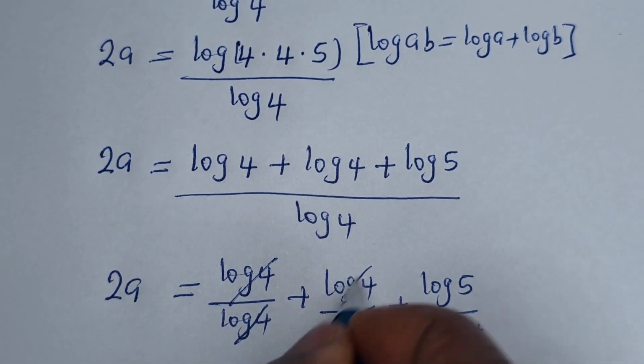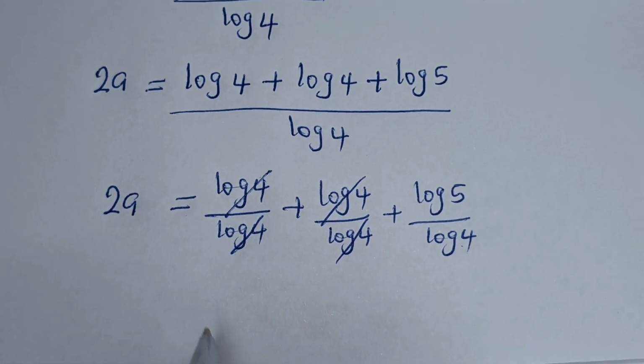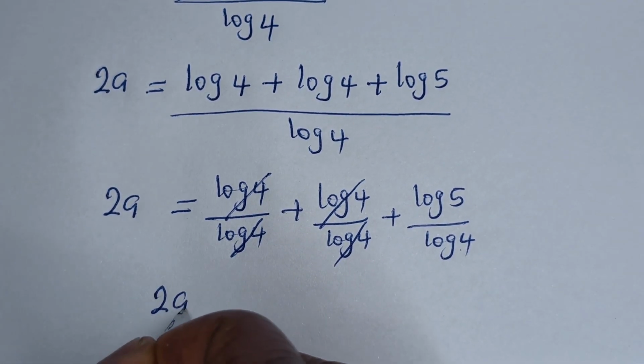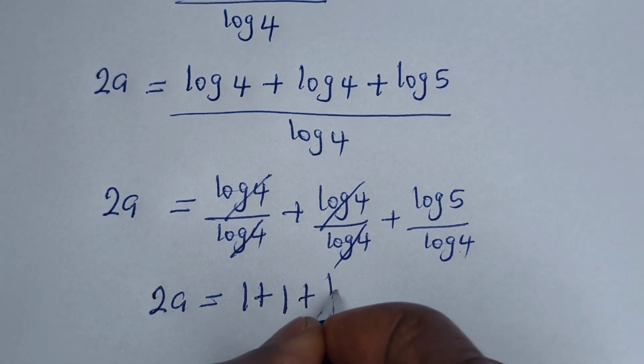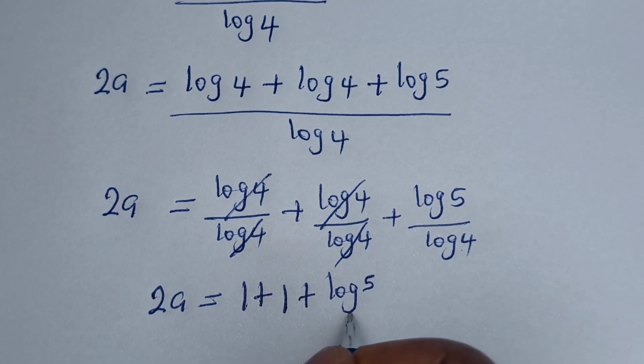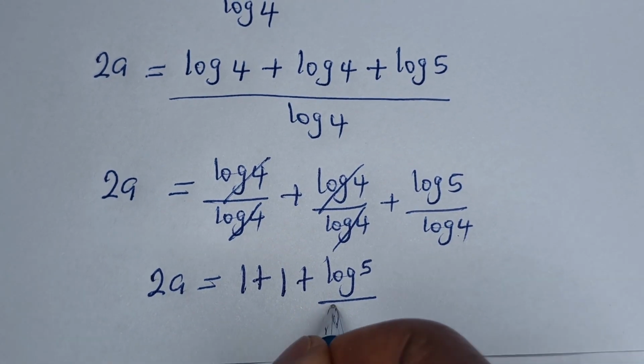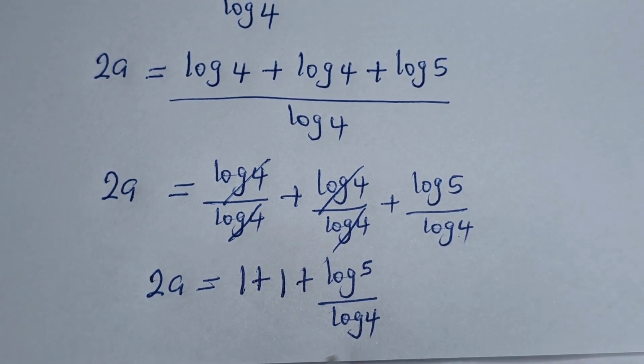This cancel this and this cancel this. 2a is equal to 1 plus 1 plus log 5 over log 4.